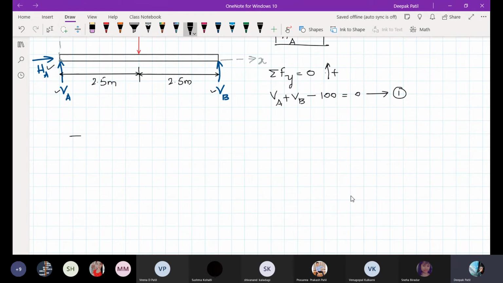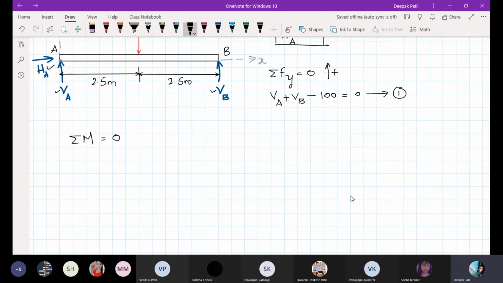Now let us apply another equilibrium equation, summation of moment equal to 0. In the previous numerical example, I already told you that you have only two options: you can take moment at A equal to 0, or moment at B equal to 0. That is, you can take moment equal to 0 only at the supports. In the previous example I took moment at A equal to 0.